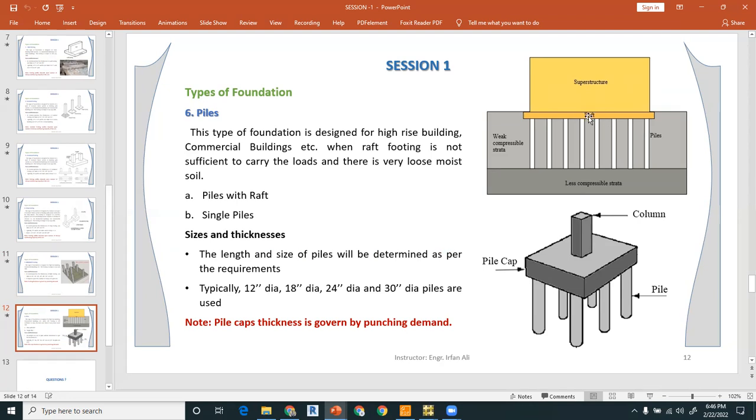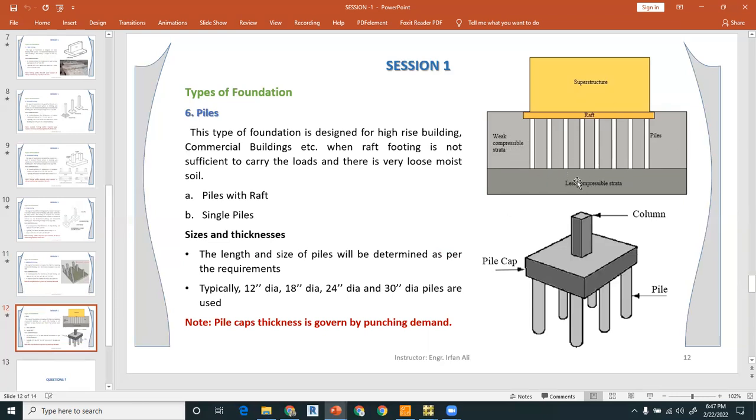So it cannot bear this load, right? So you have to go for the piles. The bearing capacity of the soil at the tip of the raft is 2, and the demand coming from the structure is 3. So this one extra TSF load has to be resisted by using these piles.